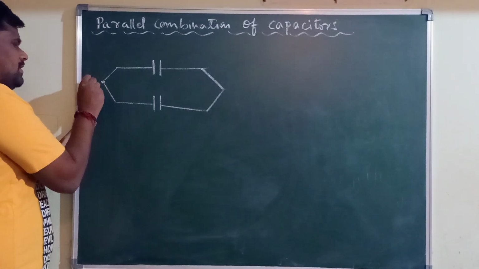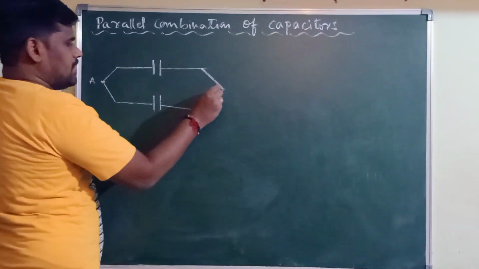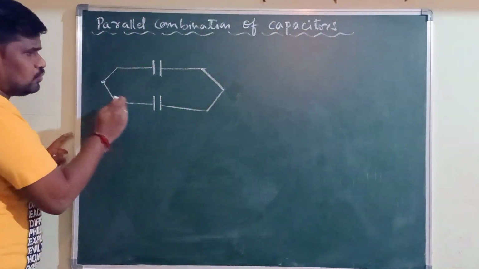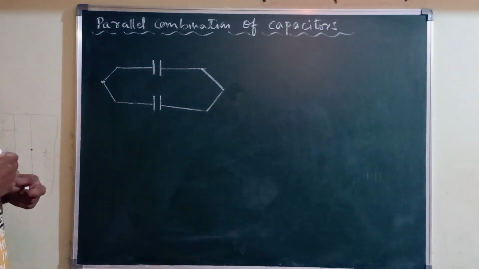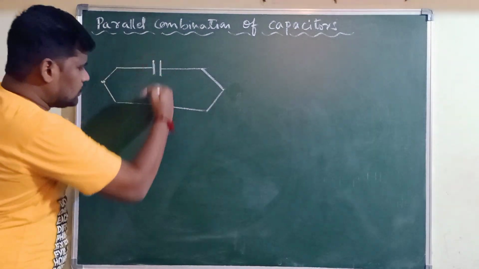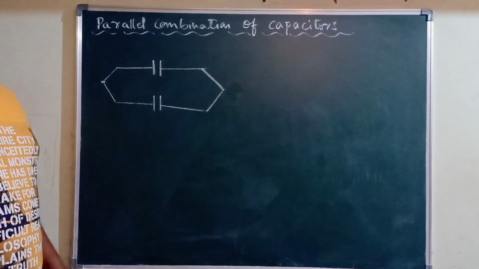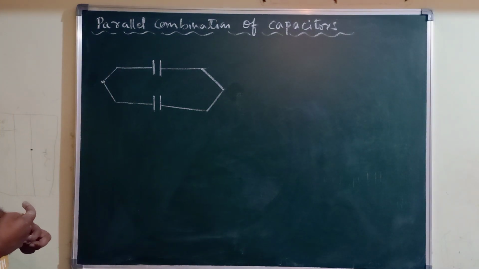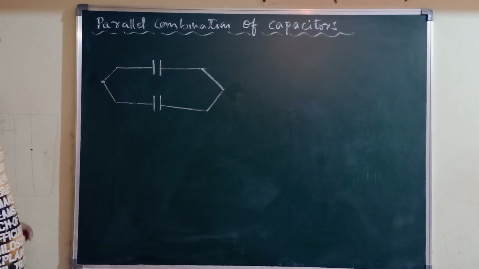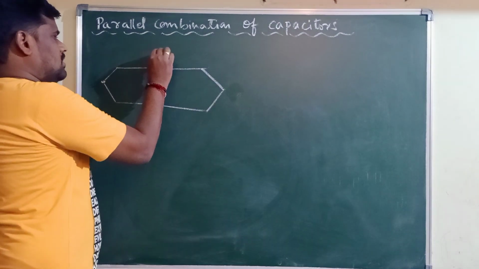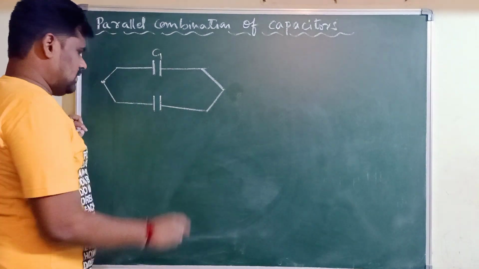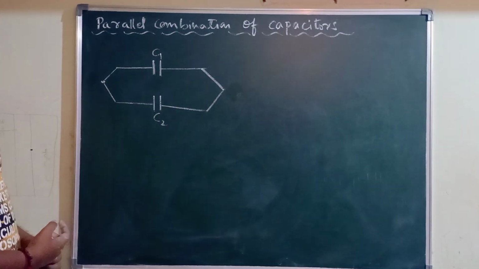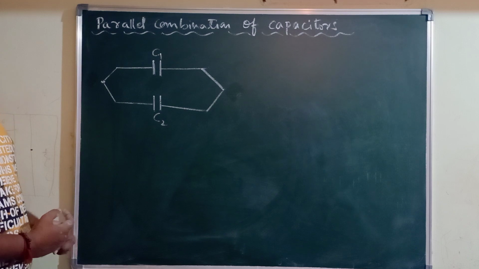One point is A and another point is B. So these 2 capacitors are said to be connected in parallel because the 2 capacitors are parallel to each other. Such a type of combination we call a parallel combination of the capacitors. First capacitor of capacitance C1, second capacitor of capacitance C2 are connected in parallel.